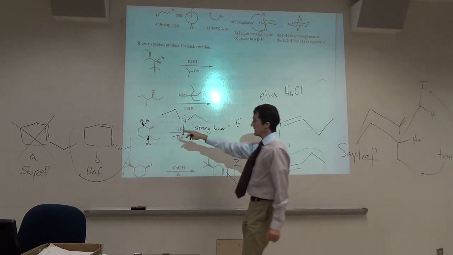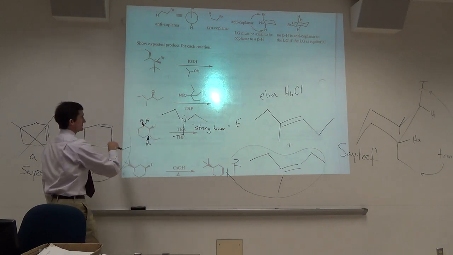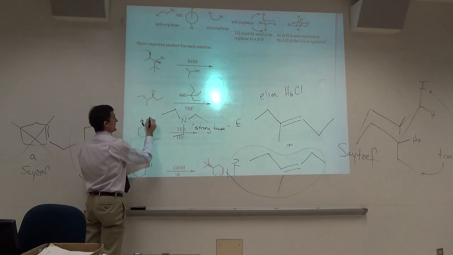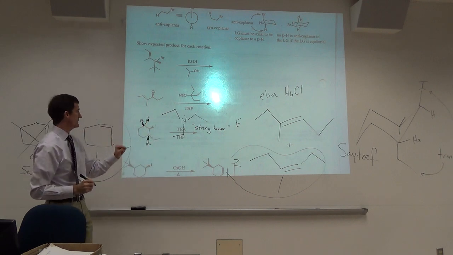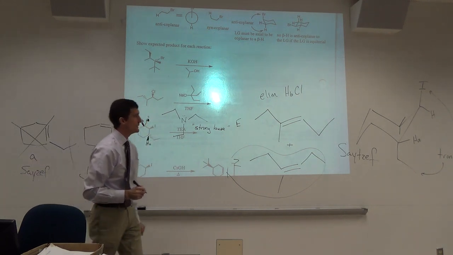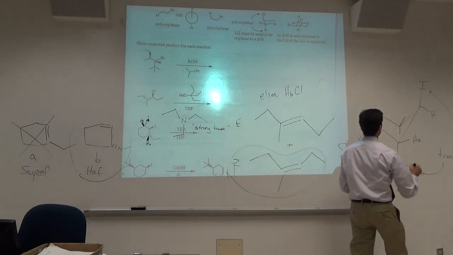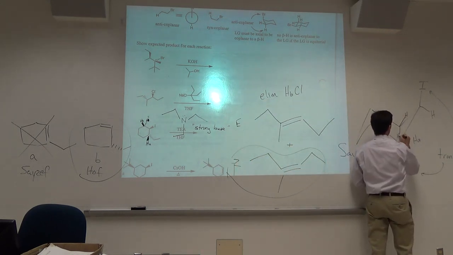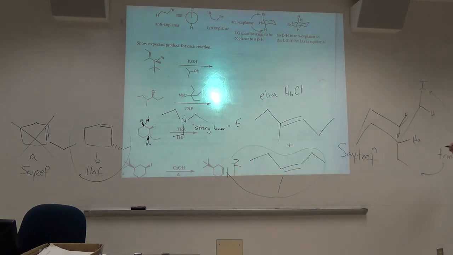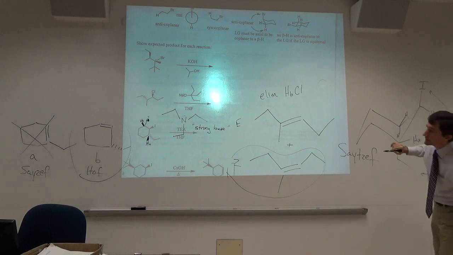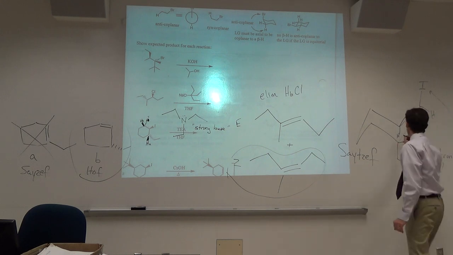Which one is straight down? A or can I call this C instead? So make them different. Which one is straight down? B or C? There's an H here, there's an H here. Which one is B, which one's C? Well, the iodine's up. Straight down is trans. Which one's trans? C.